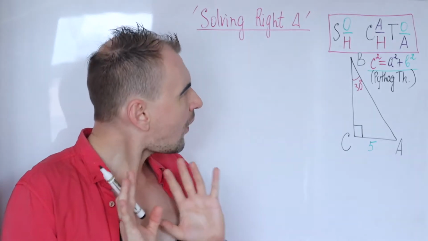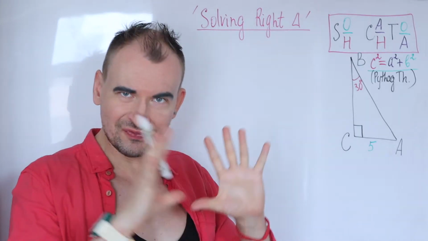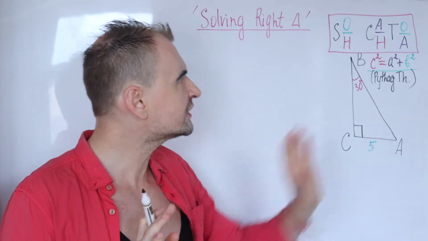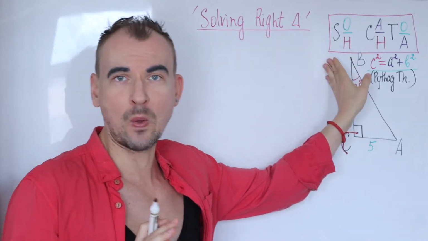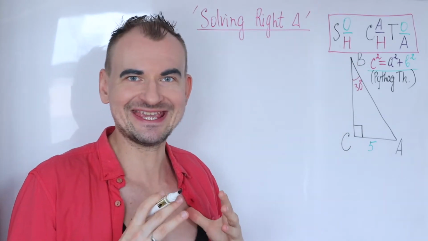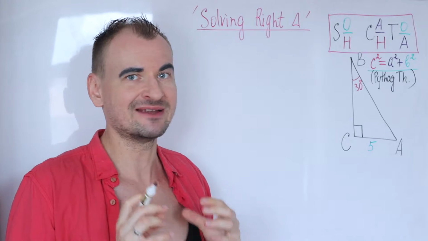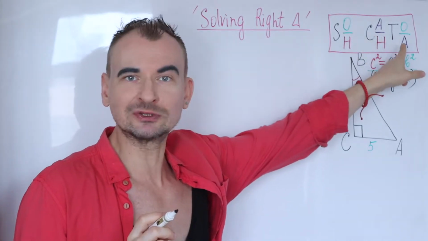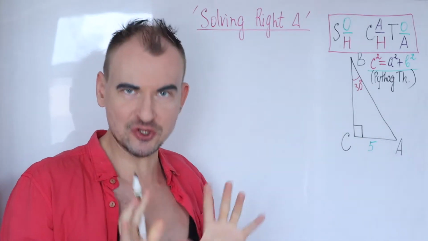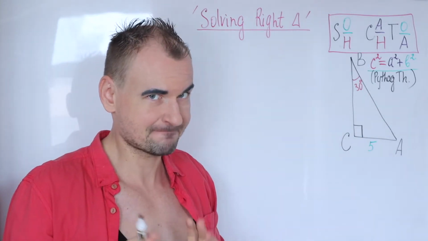Now, for this type of problem, you need to use the mnemonic trick SOH CAH TOA, that basically gives you a hint which function, sine, cosine or tangent, you are going to use to find your missing sides.